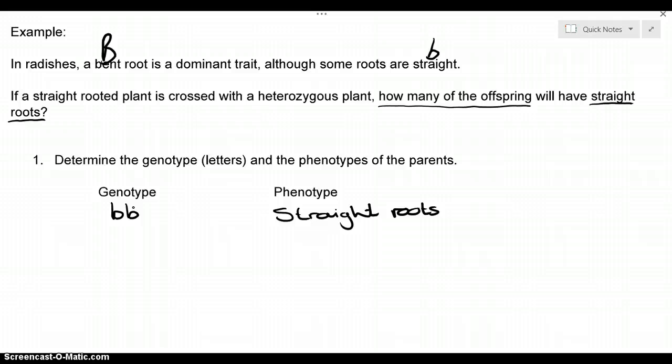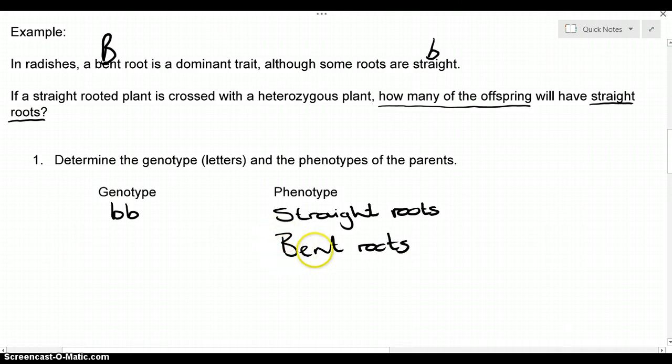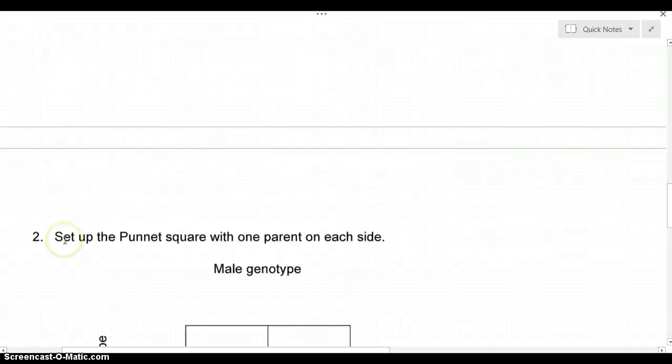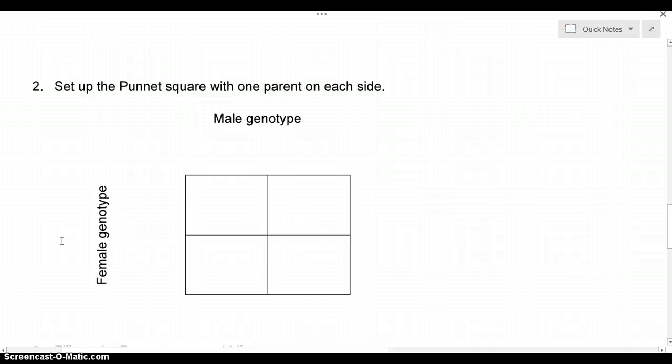And then there is a bent root, and that's a heterozygous plant, and we are going to say, right, capital B, small b.